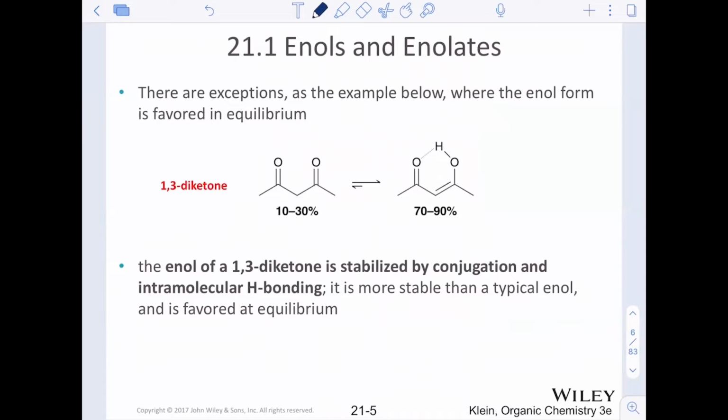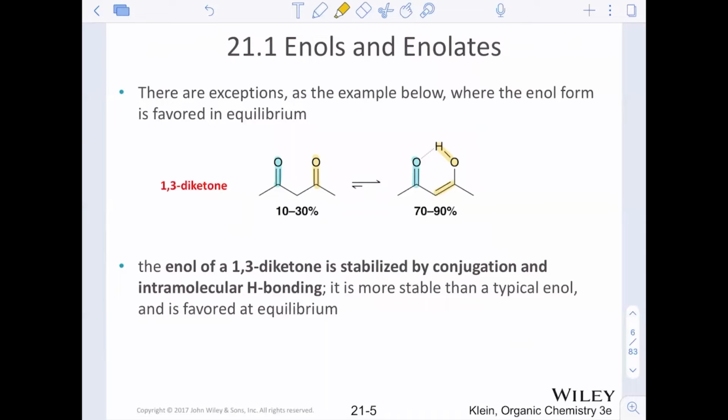All right, there are exceptions to the idea that the ketone is more favorable. The diketone, which we will be talking about later on, is actually more favorable in its enol form. And it's most likely due to the idea that it is stabilized by conjugation with the second ketone. So notice how this ketone stays the same and the other ketone converted to an enol.